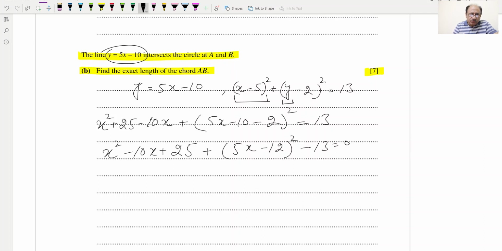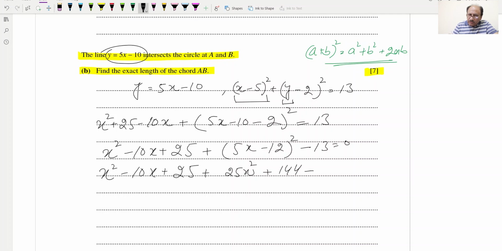We can shift 13 to the other side. Now we can open this square, and it will be x squared minus 10x plus 25, plus the square. We are using the formula (a plus b) squared is equal to a squared plus b squared plus 2ab. So this is the formula which we are using. Hopefully you are understanding. So 5 squared will be 25x squared, plus 12 squared, 144, and minus 2ab.